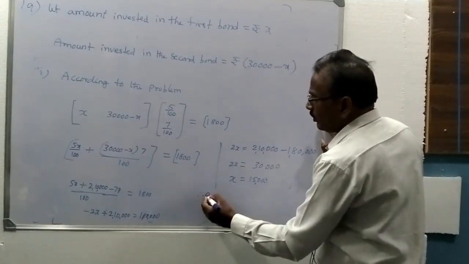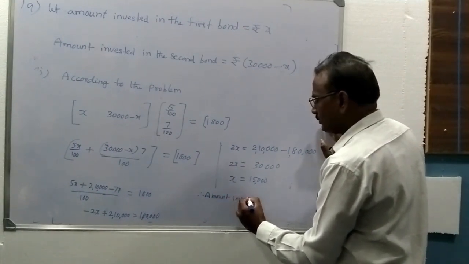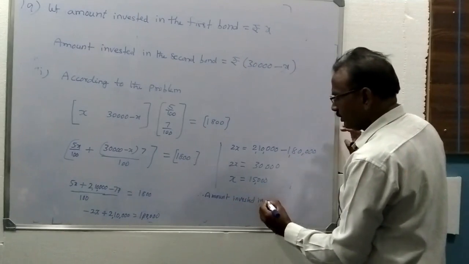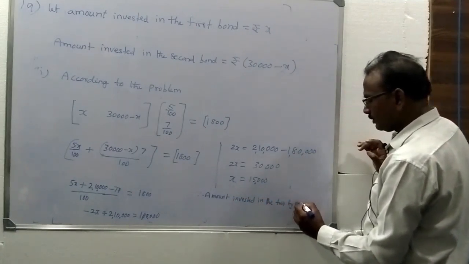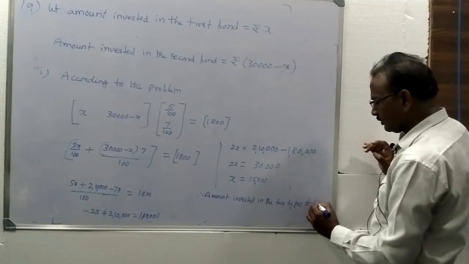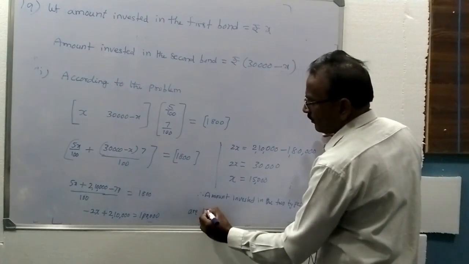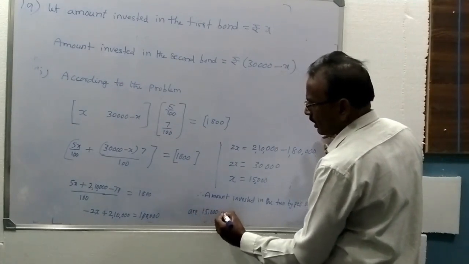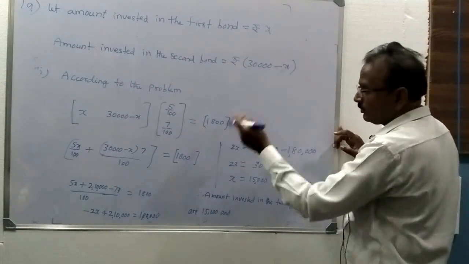Therefore the amount invested in the two types of bonds are 15,000 and 30,000 minus x value. x is equal to 15,000.